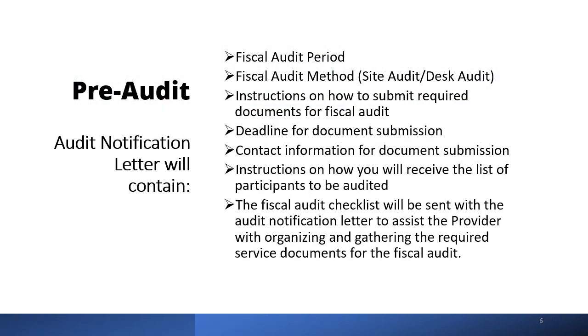The audit notification letter will contain information about the fiscal audit period, fiscal audit method, instructions on how to submit required documents, the deadline for document submission, contact information, instructions on how you will receive the list for participants, and a fiscal audit checklist.